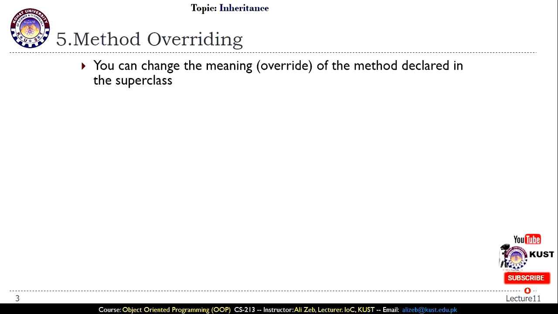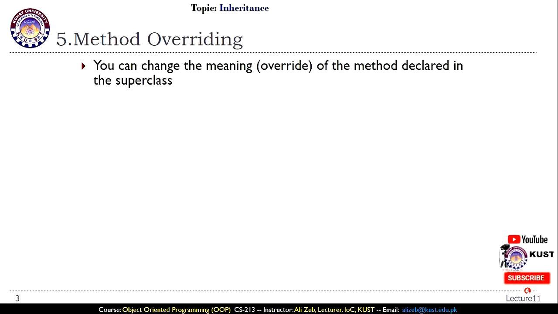Method overriding. By method overriding we mean that we can change the meaning of a method that is declared in the superclass. We talked about inheritance, and we said that we can inherit some or part of the superclass, and that can include the methods as well as the data members of that class.